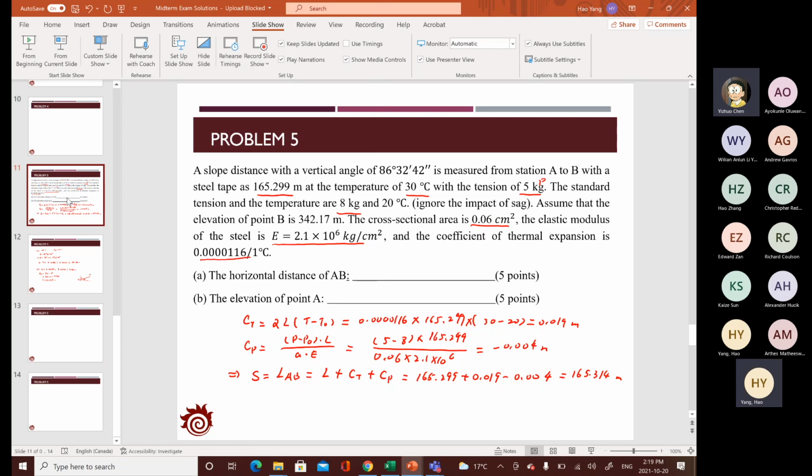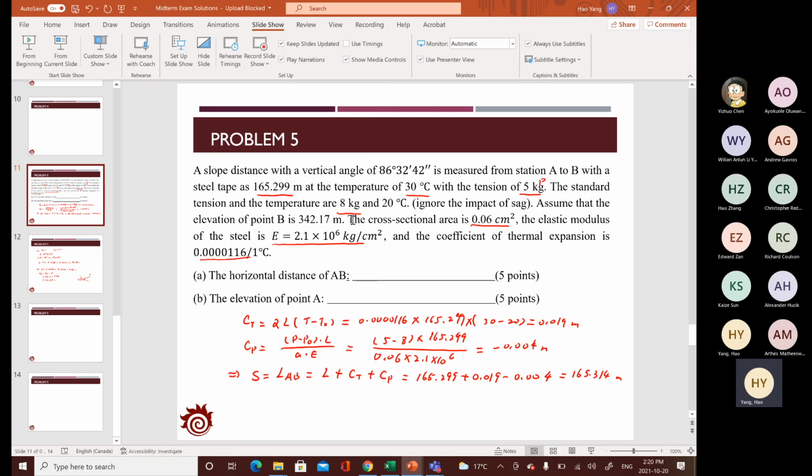Yeah, you are right. In the exam sheet, I did not provide the values of the cross-sectional area, the modulus of elasticity, and the thermal expansion. Actually during the exam, I gave an announcement to the class. You have to use the values from problem 3.